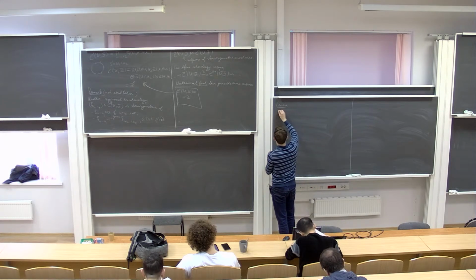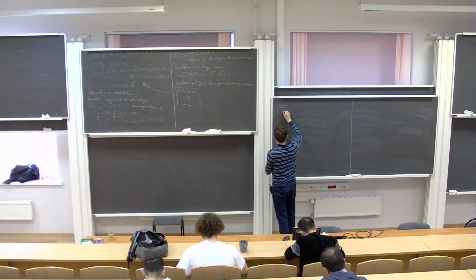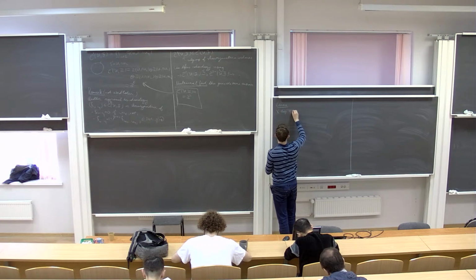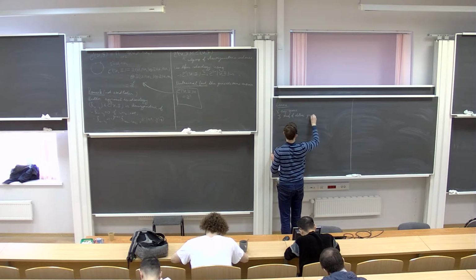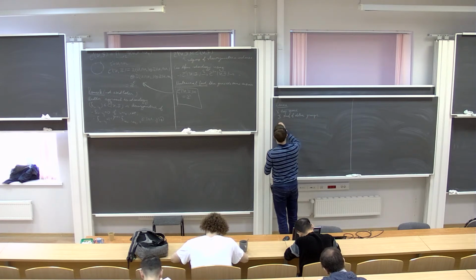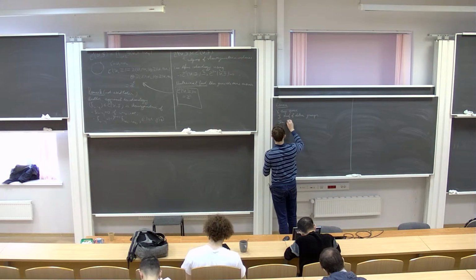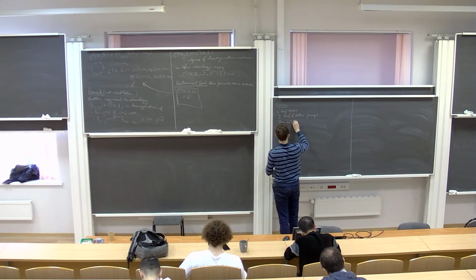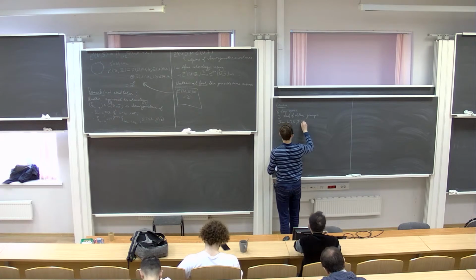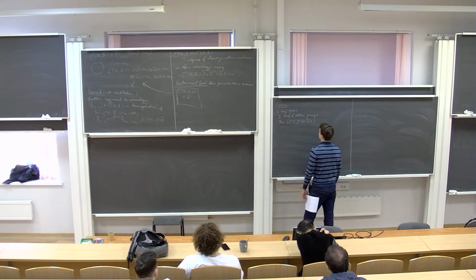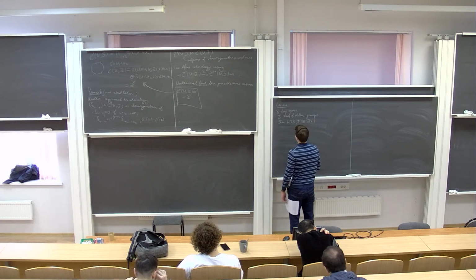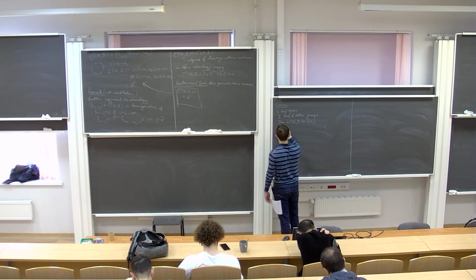It says that if X is a topological space with a sheaf F of abelian groups, then the zero cohomology group is isomorphic to the group of sections of our sheaf over X. This is very simple.